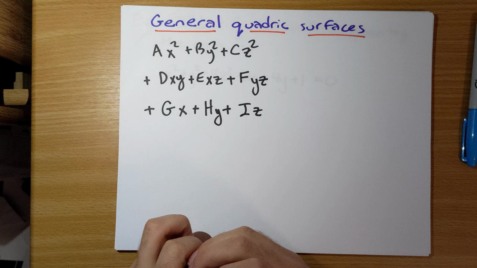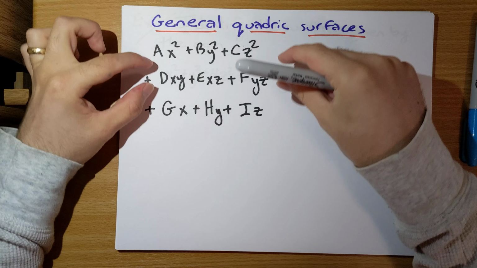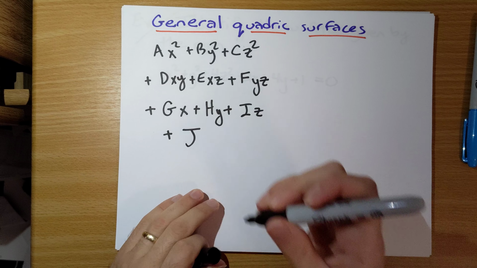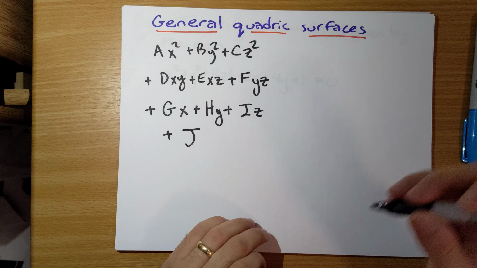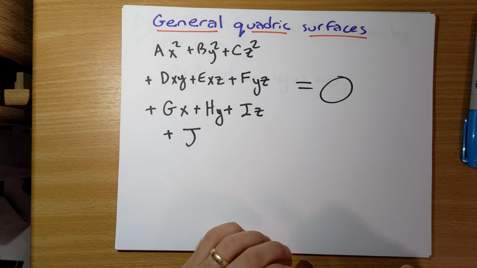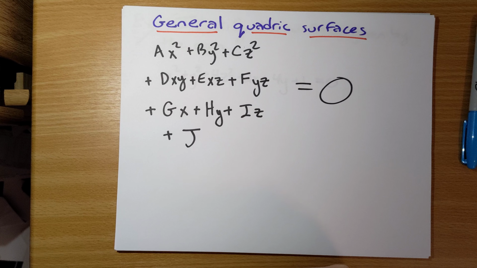So these are all of the quadratic terms of just something squared, these are the mixed quadratics, those are the linear. And then finally, we might have a constant, I'll use capital J here, is equal to 0. So this is as general an equation for a quadric surface as we can write down.